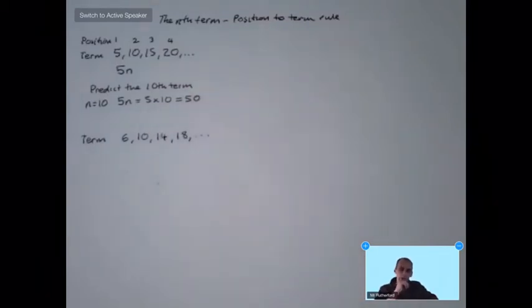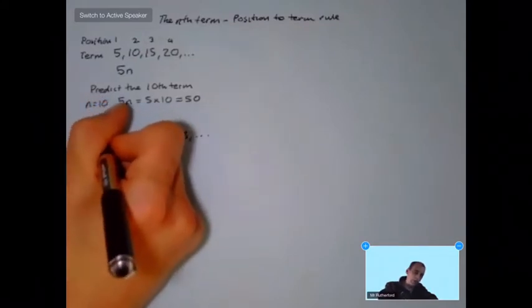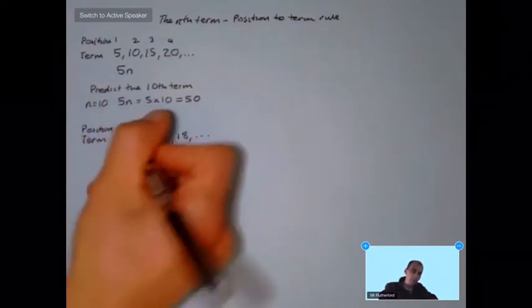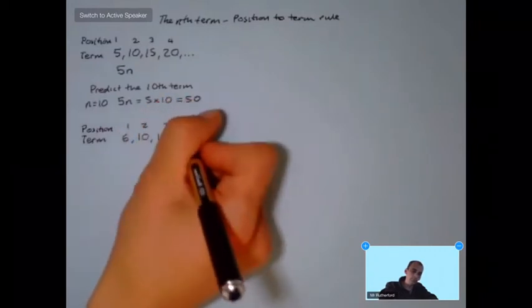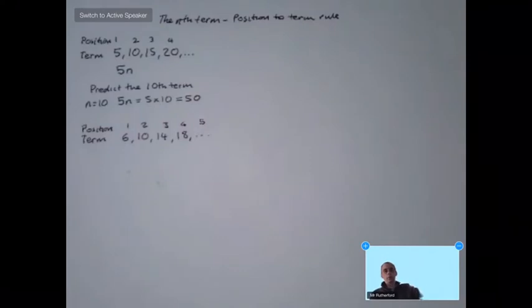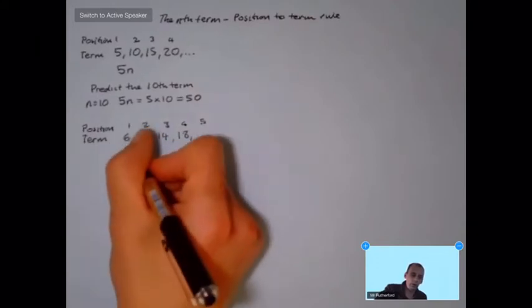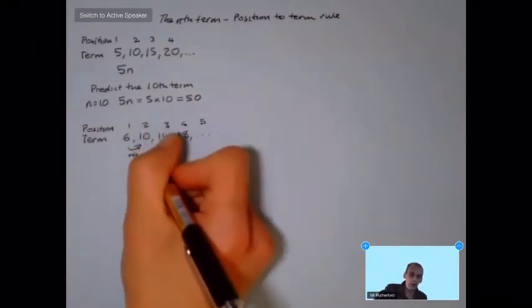So just have a little think to yourselves about what the nth term might be while I just write in the positions along the top. So we've got a sequence where the first term is 6 and the term-to-term rule is add 4 each time.